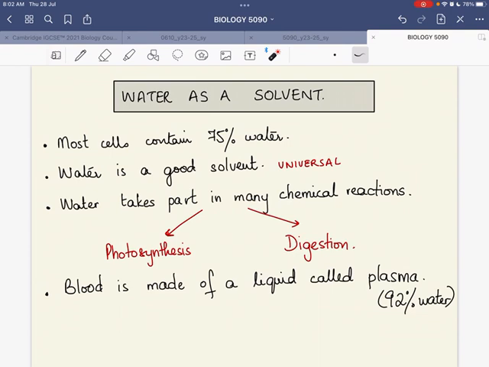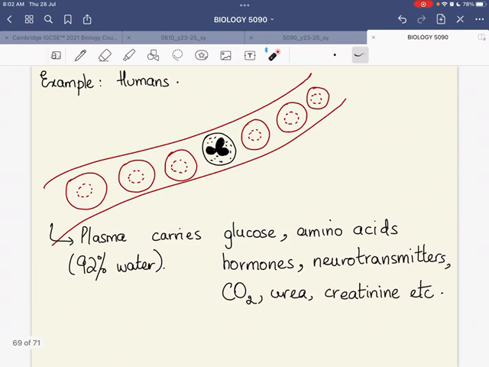Our blood is made up of a liquid component and a cellular component. The liquid component is known as plasma. If we take into account the chemical composition of plasma, it is 92% water. So our whole body is water.